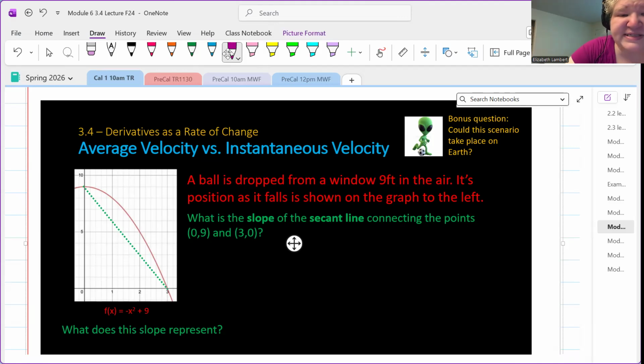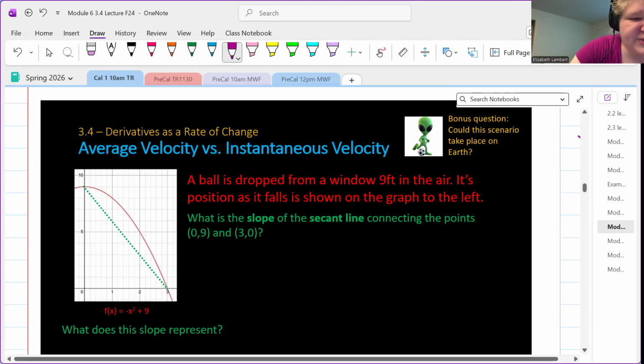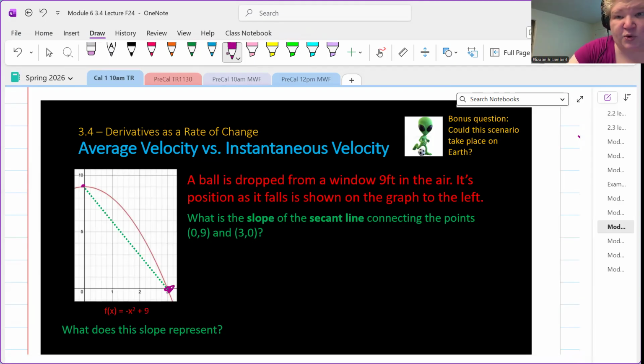But slope of the secant line. So the secant line is our start versus our end point. So the start of this graph is 0 for the input, 9 for the output. The end of this graph is 3, 0. So my slope of the secant line is, I need to put one of the points first. It doesn't matter which one.